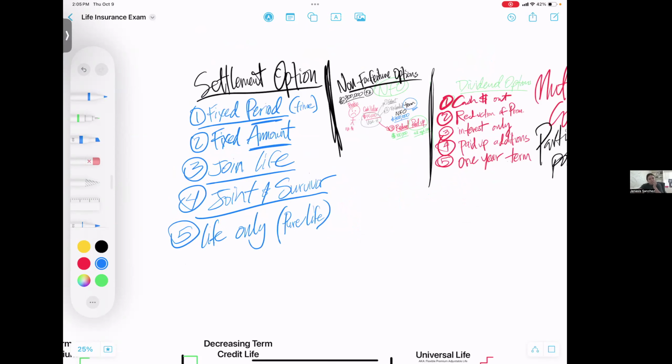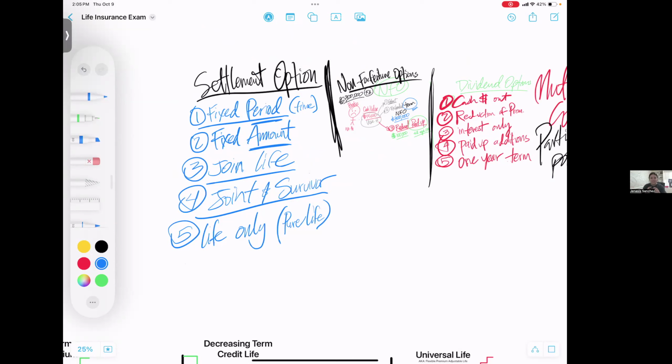Okay, so for those two, the joint life and the joint and survivor, those automatically come with the settlement options. Yeah, they're some of the settlement options. Okay. Because I was thinking that for the joint life and the joint survivor, a settlement option was a rider.